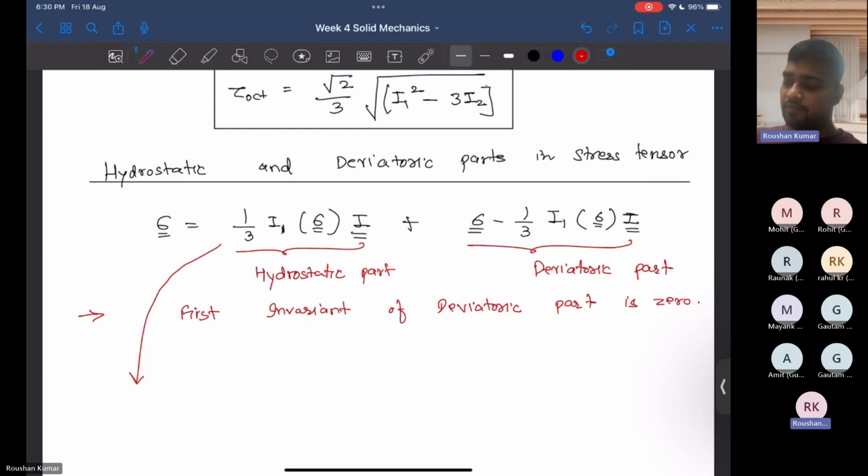So basically, the decomposition of a stress tensor in a hydrostatic and deviatoric part means that the first part denotes the normal component of stress matrix, and the second part contains the information about the shear component of stress matrix. Okay, so this contains the information about normal stress, that is normal traction, and this is the state of pure shear.